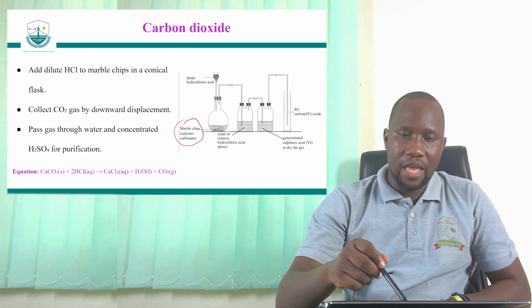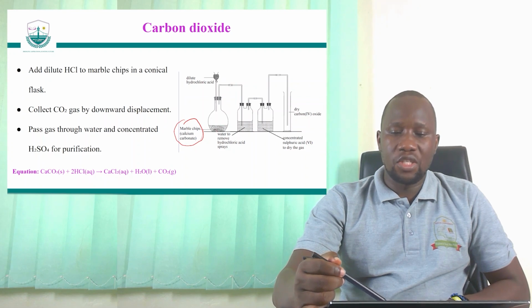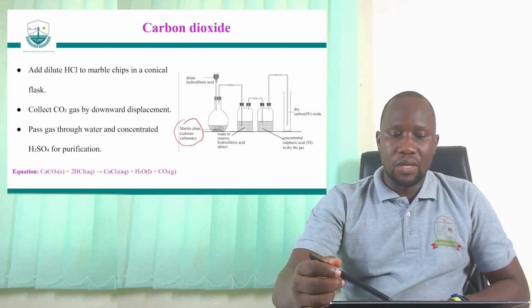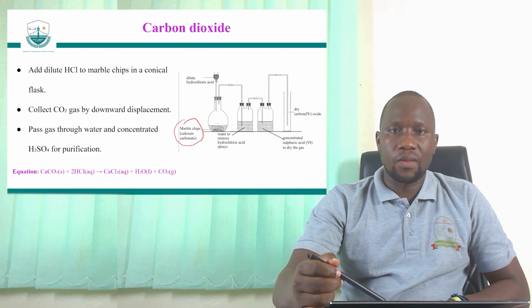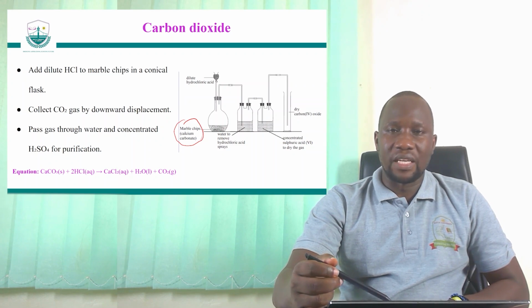So you have your marble chips in the flask, and then you let dilute hydrochloric acid react with the calcium carbonate, and then a gas is going to be released.